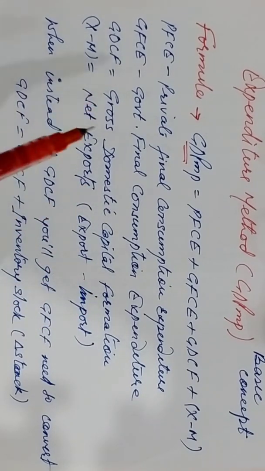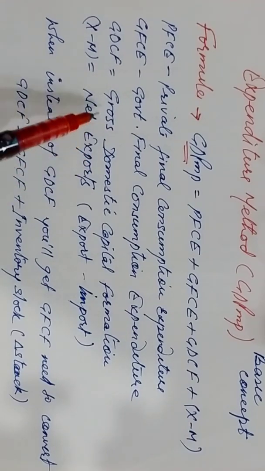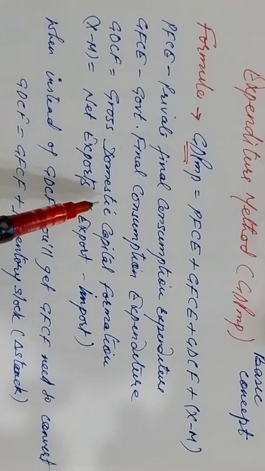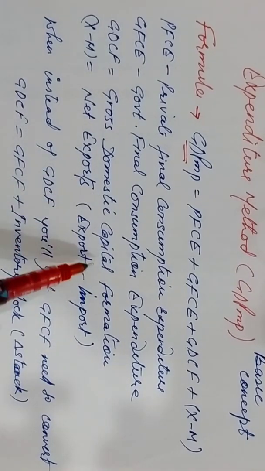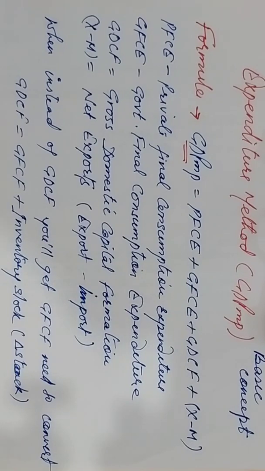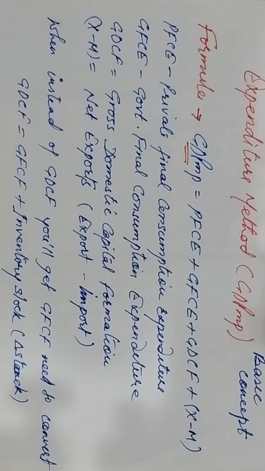First of all, you should focus on each word. Gross means aggregate, domestic means within our territory, capital formation means when a firm converts raw material into a finished good, a good which is ready to sell.